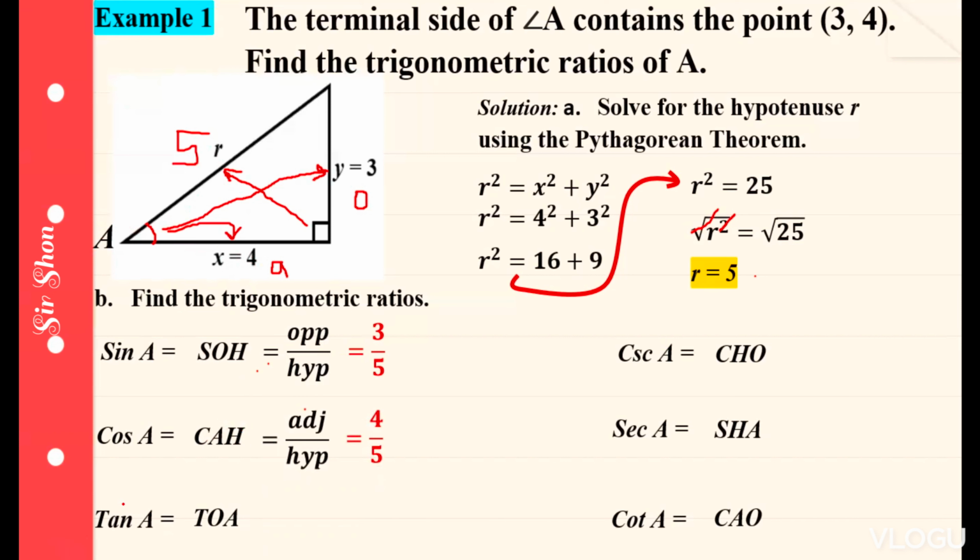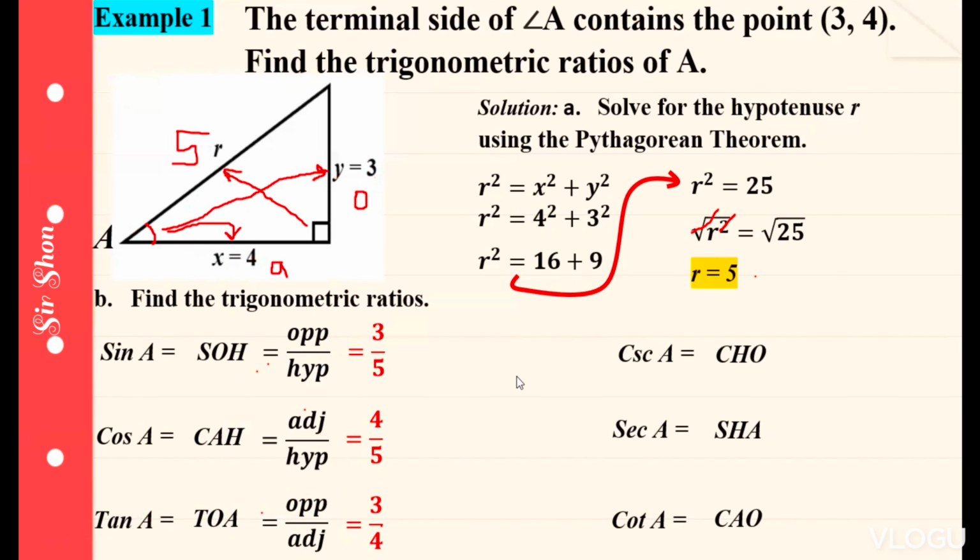So next, let's proceed to tangent. The formula of tangent is TOA. When I say TOA, it is tan theta equals opposite divided by adjacent. Our opposite side is 3, and our adjacent side is 4. Therefore, tangent equals 3 over 4.